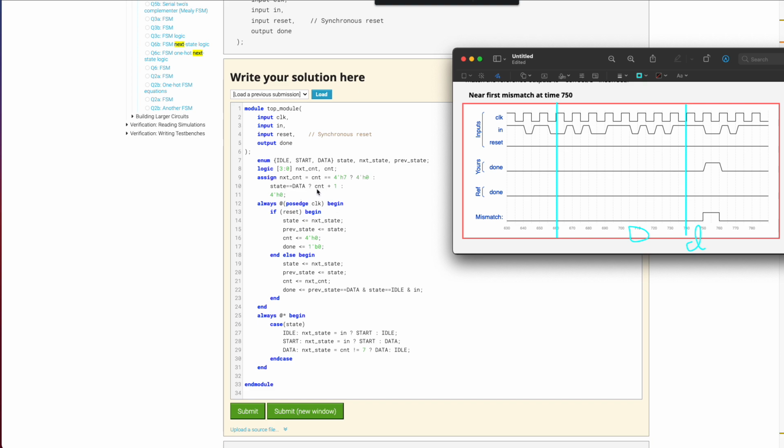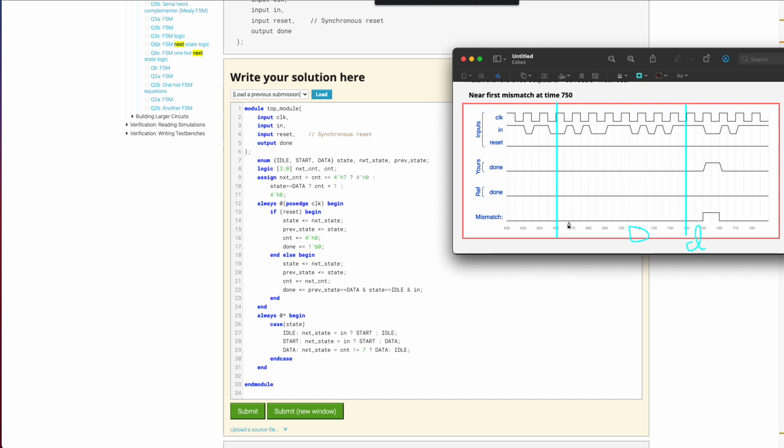So if state is not data, we basically always have next count is 0. So next count is 0, and so next count here is 1, next count 2, 3, 4, 5, 6, next count is 7, count is 7, and then we go to idle, right?